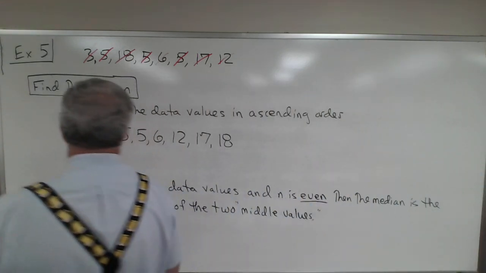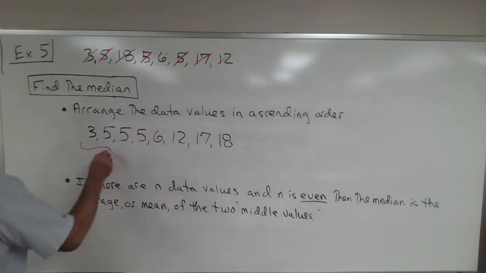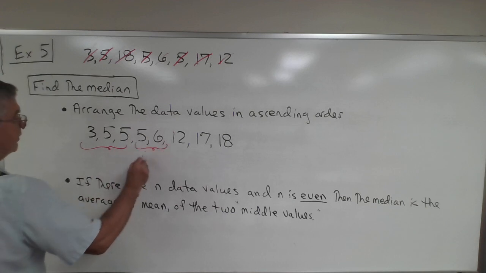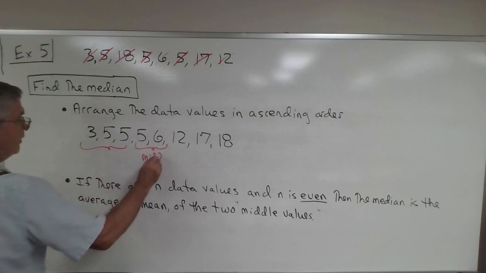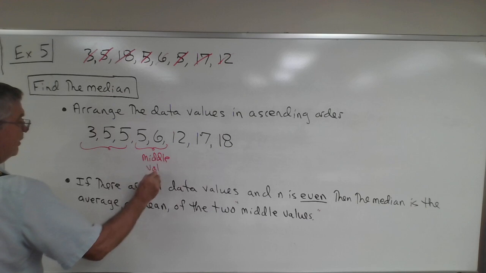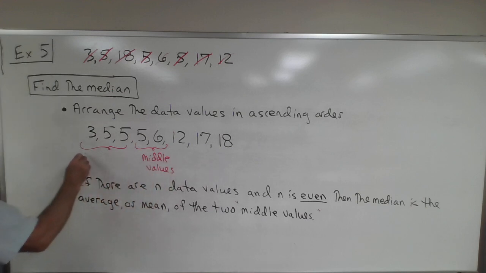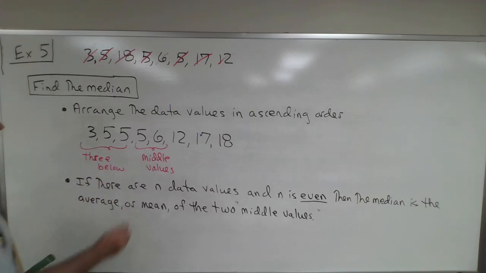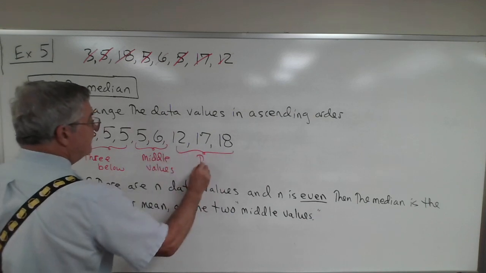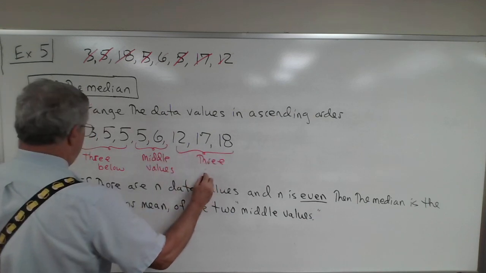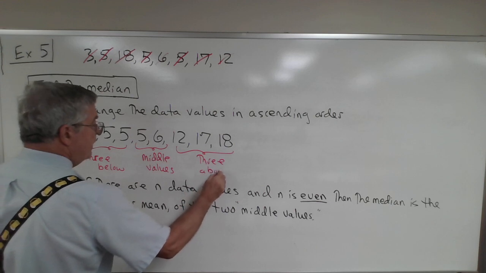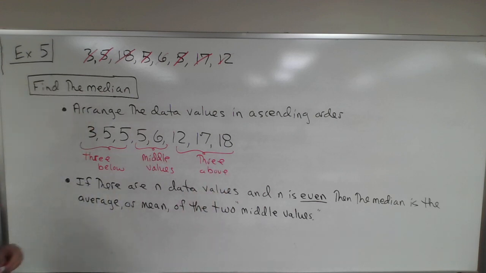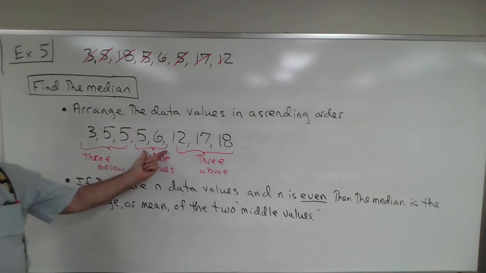Well, where are our middle values? We have 3 values below the middle pair. We have 3 values above the middle pair. So these 2 are right in the middle.